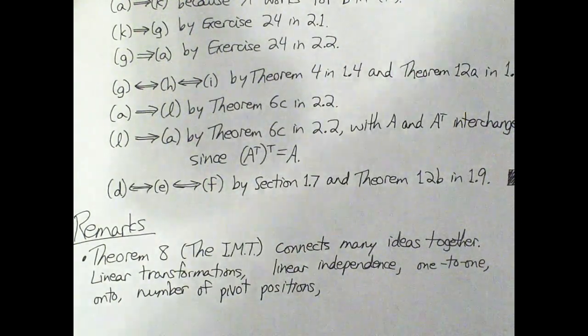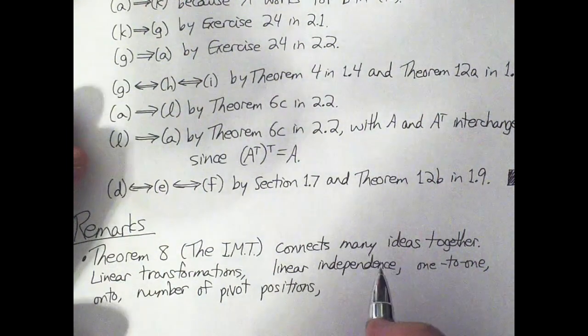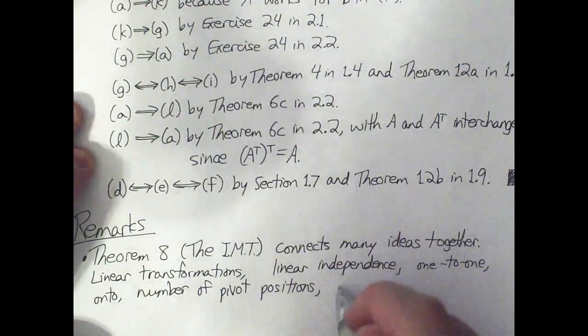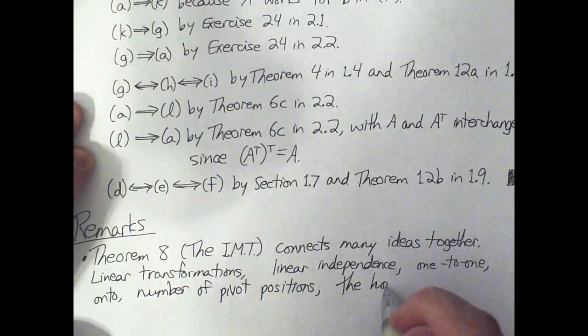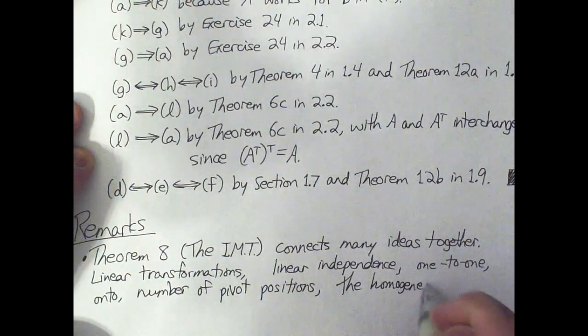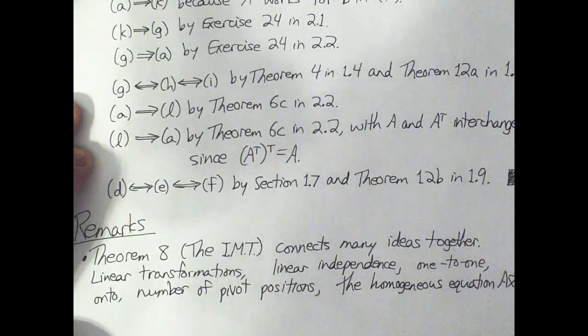You could conclude all sorts of things about the linear transformation formed by A, whether the columns are linearly independent, whether it's invertible, the homogeneous equation AX equals 0 having solutions.